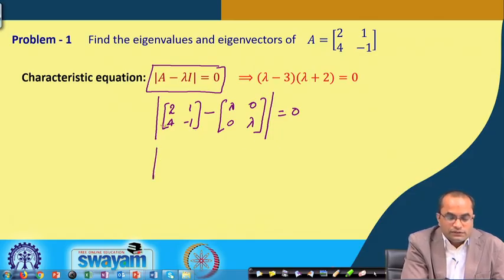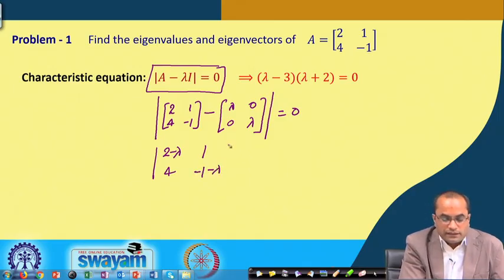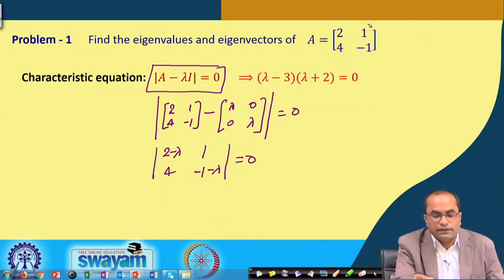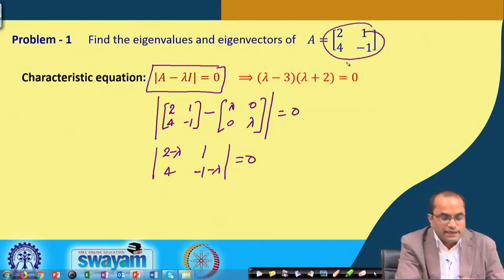So the matrix here is 2 minus lambda, 1, 4, and minus 1 minus lambda. That is the determinant, which we can always write down directly for the given matrix A.